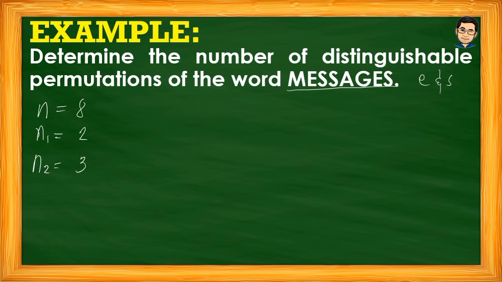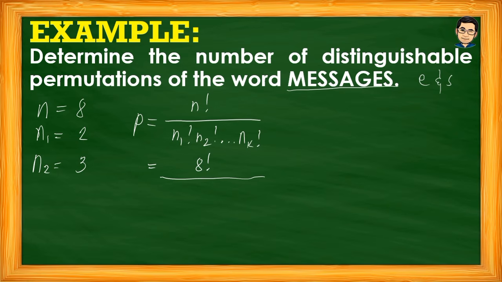Now, yung process po ng pag-solve nito, so P is equal to n factorial all over n sub 1 factorial, n sub 2 factorial, up to n sub k factorial. Now, n factorial will be 8 factorial, substitute lang natin, and then n sub 1 is 2 factorial, and then n sub 2 is 3 factorial.